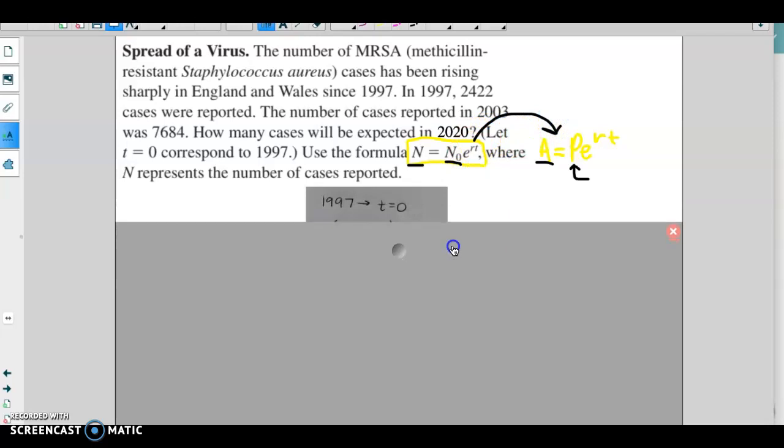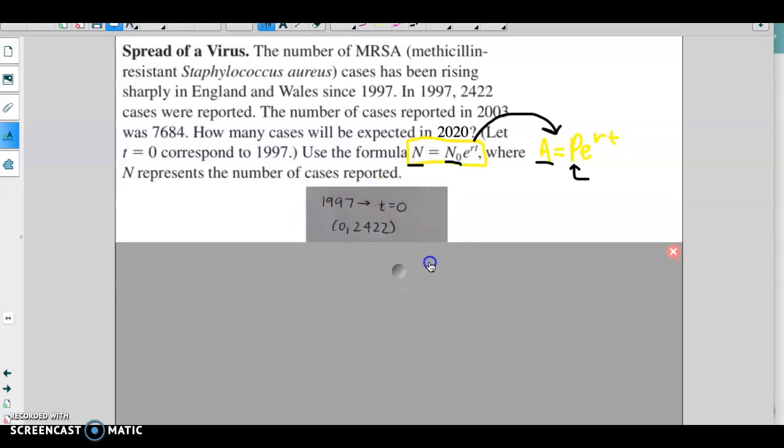And now we're going to pull out some important information. So in 1997, we want to make sure that we know that's time 0, okay? I can write that as a point, right? At time 0, there were 2,422 cases. That is pulled right from the word problem. I didn't do any math. I'm just gathering my information.